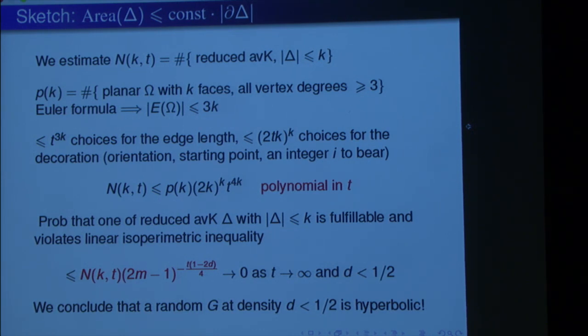So actually, this was the proof of Gromov. I'm sure he knew the mistake, but right.